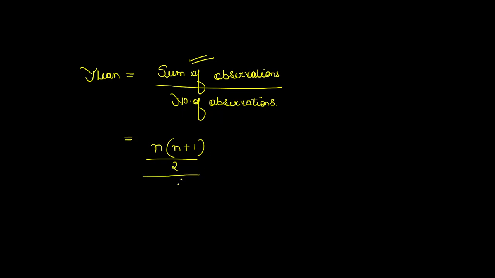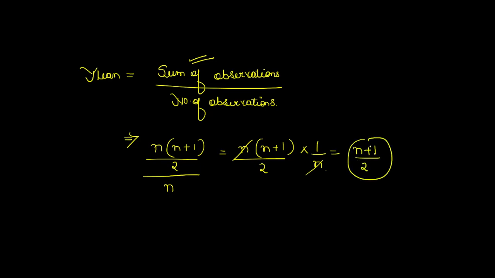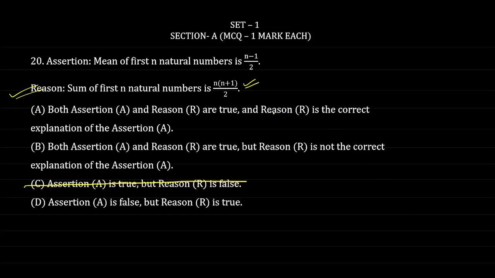And how many observations? n observations. Now, what is the mean we are getting? n into n plus 1 divided by 2, divided by n. This 1 by n will divide this, and it will be n plus 1 by 2. So the mean is n plus 1 by 2, and what do we have? n minus 1 by 2. That means it is absolutely wrong and false. So the assertion is false and the reason is true. So option number D is the correct answer for this question.